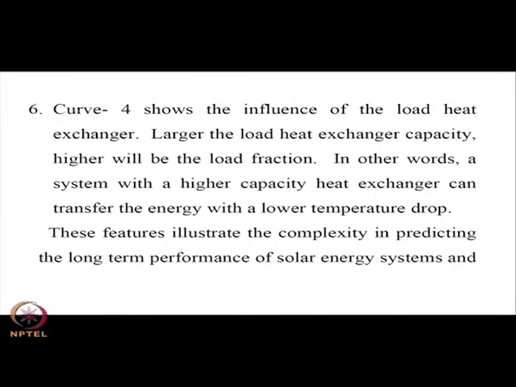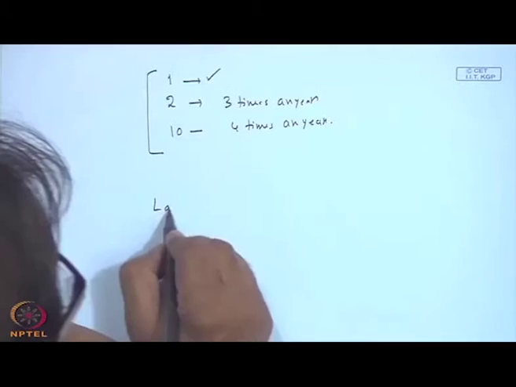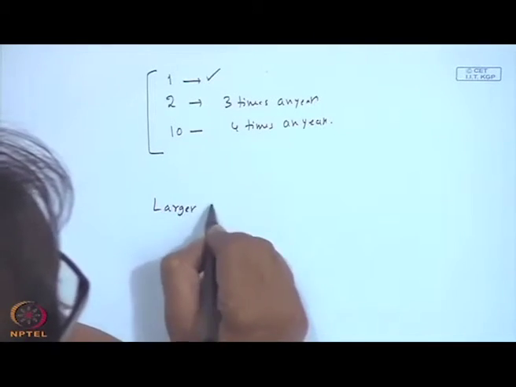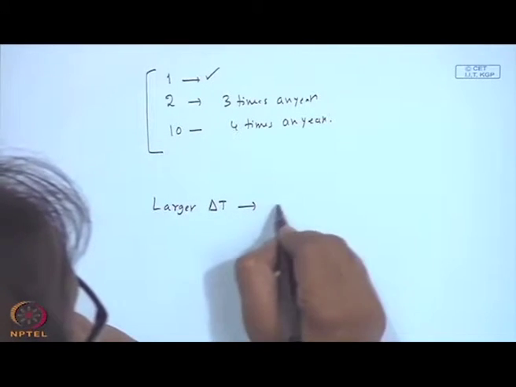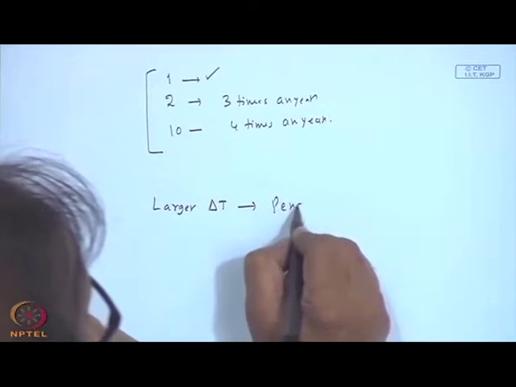So, we ask whether curve 4 is a better heat exchanger or a worse heat exchanger. If the heat exchanger has a low effectiveness, it requires a larger delta T. Consequently, it is a penalty on the collector.